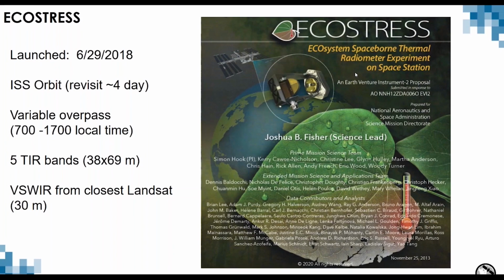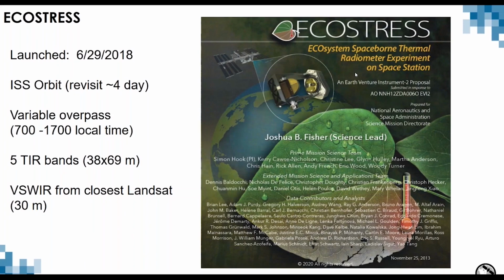What's nice about this sensor is that the orbit of the International Space Station is different from a polar orbiting sensor. We have a much higher revisit time, on the order of 4 days near the equator and in the tropics.